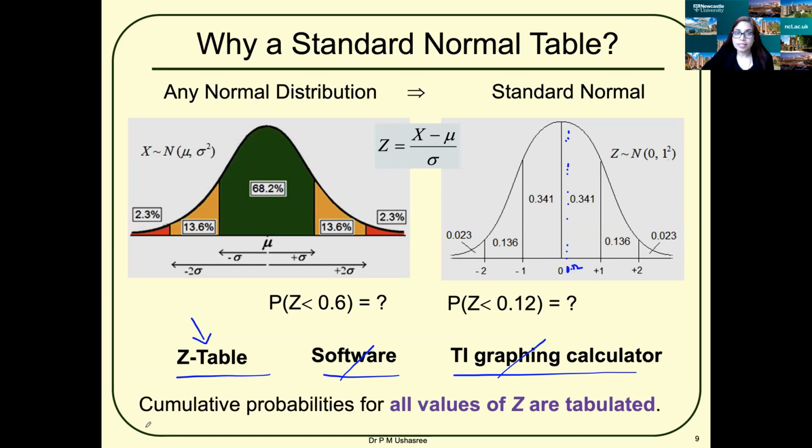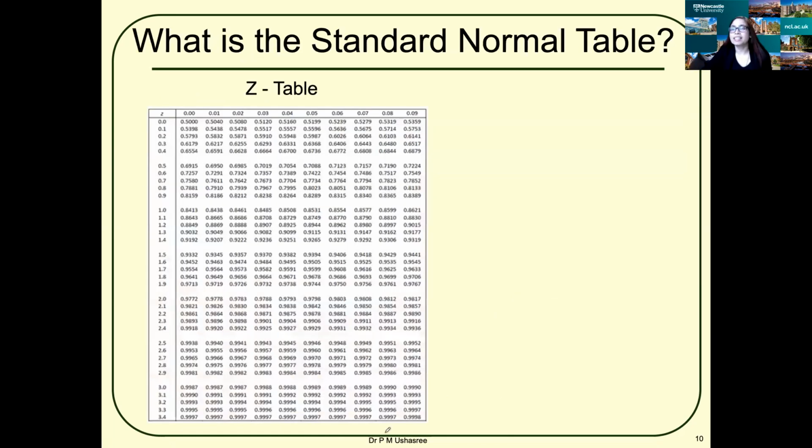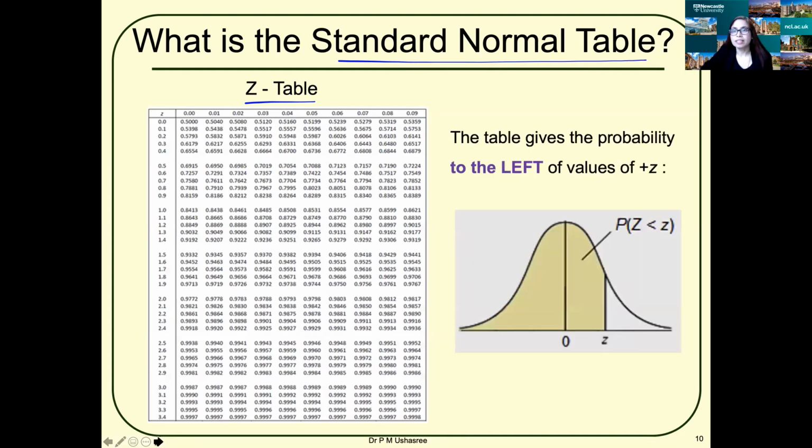So for this reason, we have something called a Z table. Cumulative probabilities for all values of Z are tabulated in this Z table. This is your standard normal table, or Z table, which you're going to use to find the probabilities under a given area.